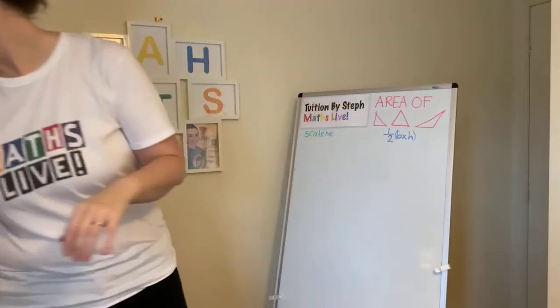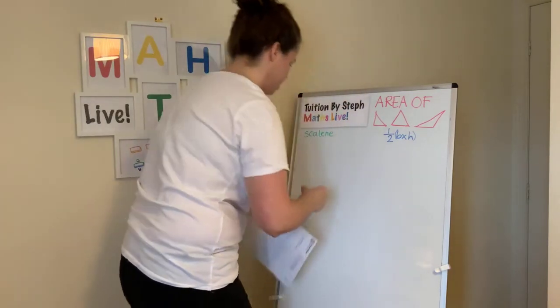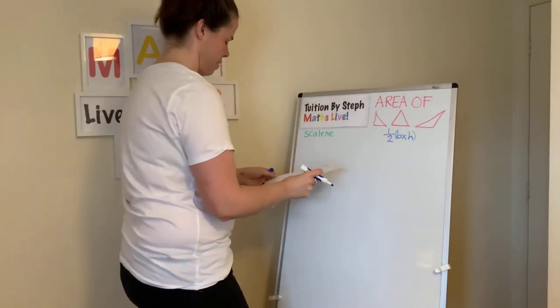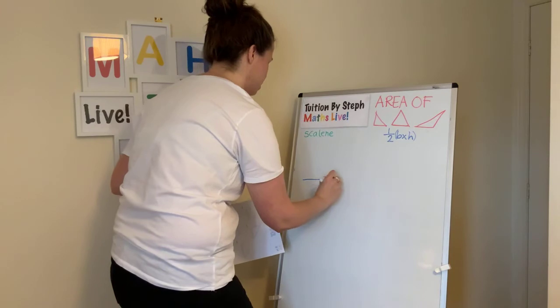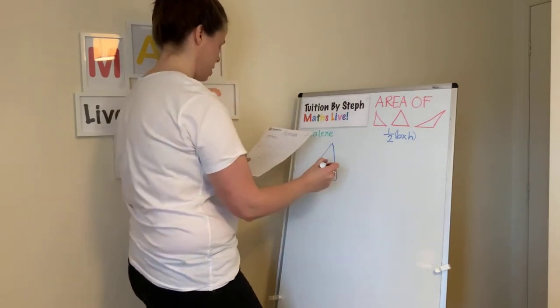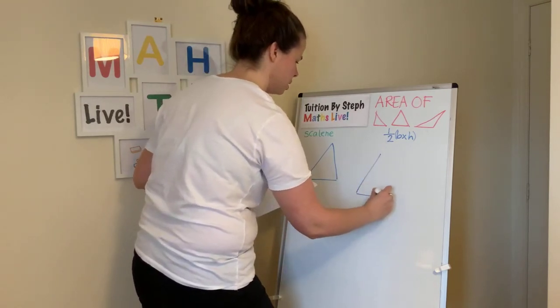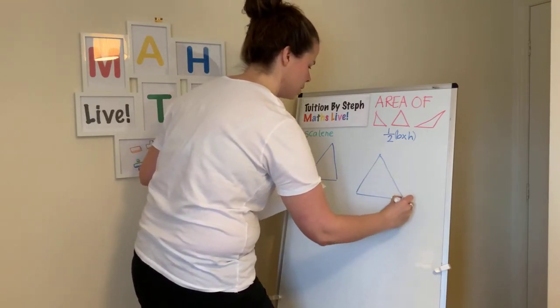Let's have a look. So I've given you a triangle that looks a bit like that, and I've given you one that's sort of like the mirror image in a way, isn't it? There's the two.